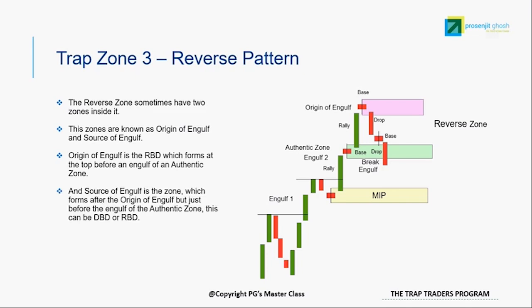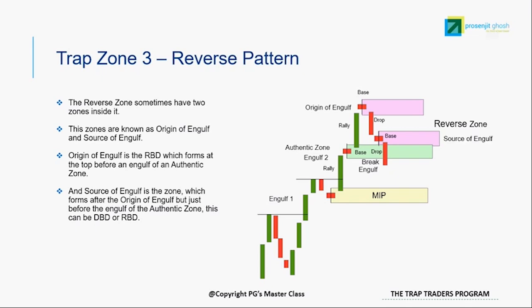And the source of engulf is the zone which forms after the origin of engulf, but just before the engulf of the authentic zone. These zones can be drop base drop, or they can be rally base drop.